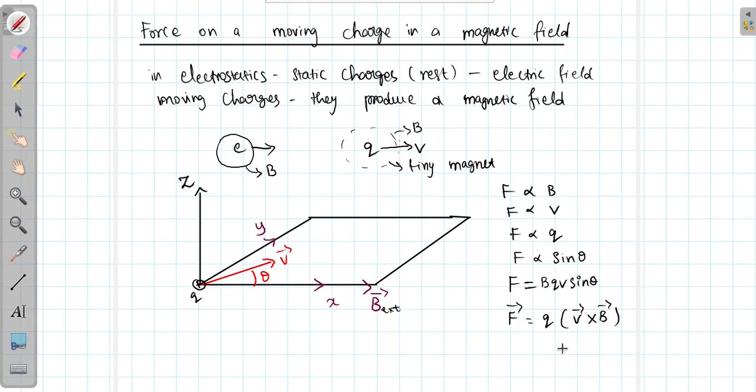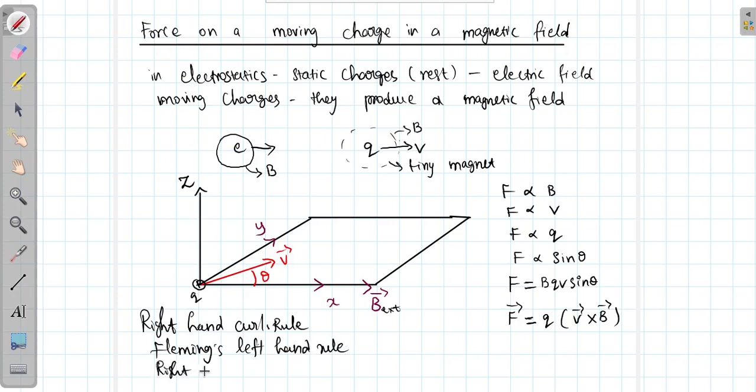In this case, we are going to find the direction of the force. The direction is found using the right hand curl rule, or Fleming's left hand rule, or the right hand palm rule.